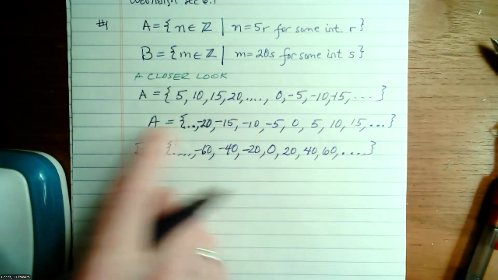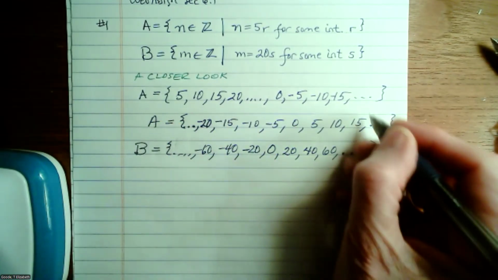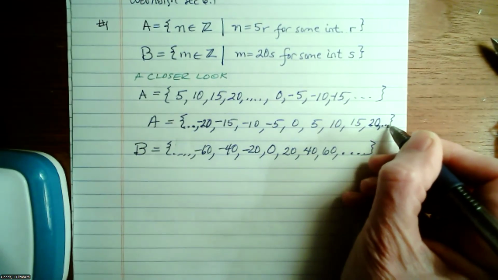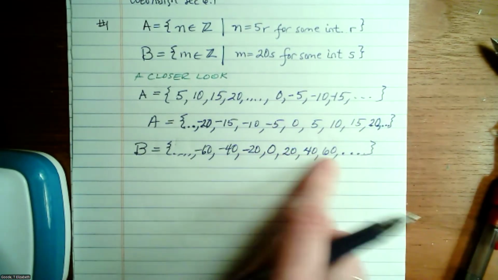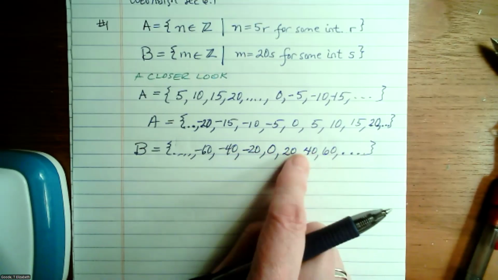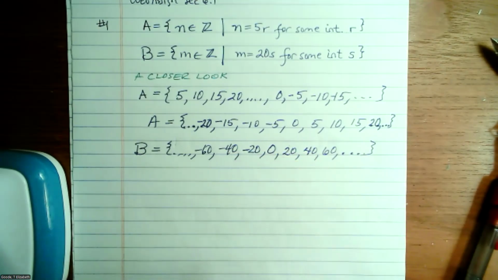And we're going to get to -40 eventually, and 60 and 80, but -5 and -10 and -15 and -25 and -35 are not in B.